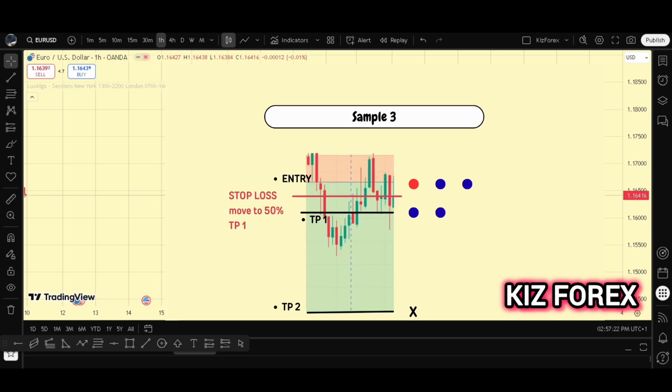As you can see right here on sample 3, the same thing happened. We open our position, the market moved into our direction, hit our first TP and could not hit the final TP. And then we moved our stop loss from the second position into 50% of our first TP, and finally the market took us out, giving us a 2.5 risks to reward plus in our account.